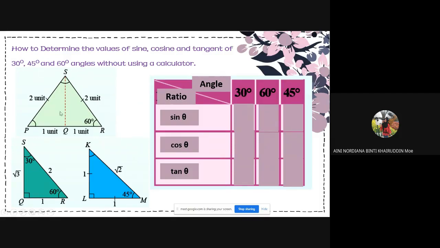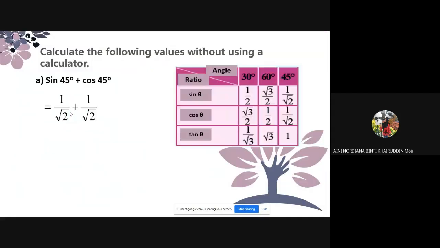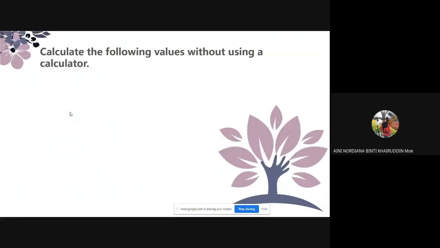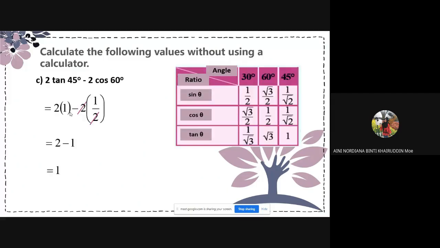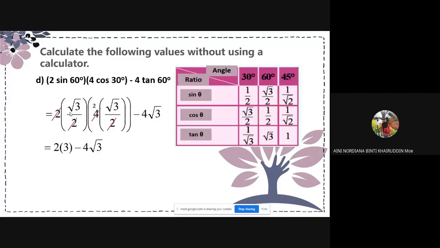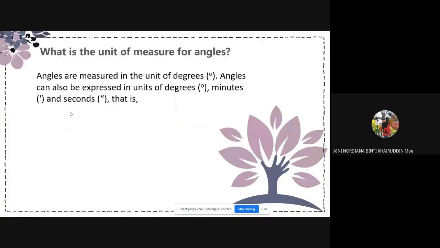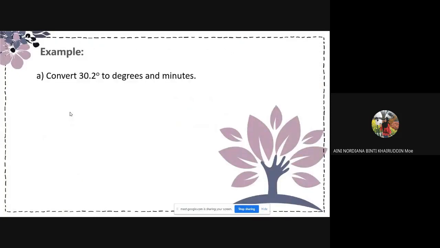Actually this is a long discussion. Okay, I show you this. This is a simple one. The previous one just now I will discuss in the next class.